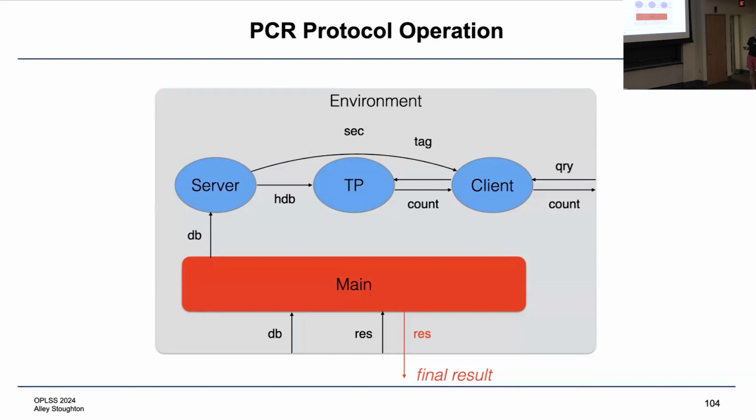But here, we're trying to minimize the trust of all three parties. And so it wouldn't be safe to send to the third party the actual elements. So we're hoping with this hashing technique that we're not letting the third party learn too much.